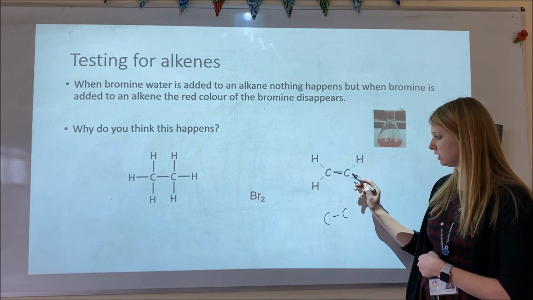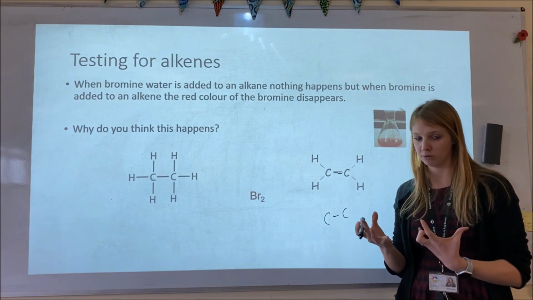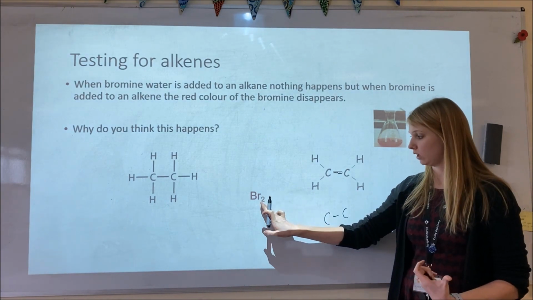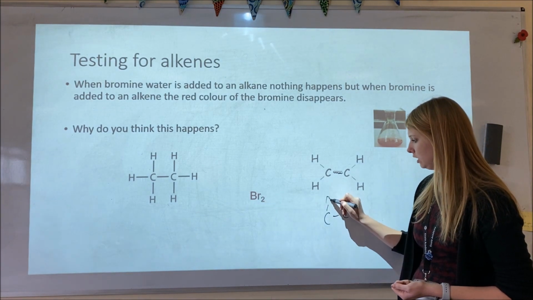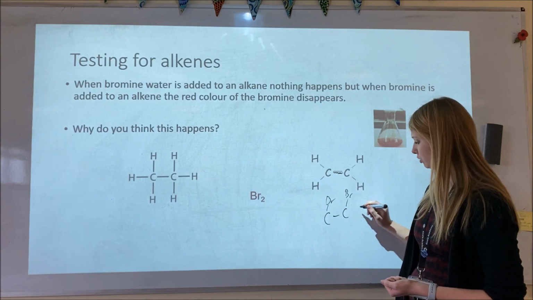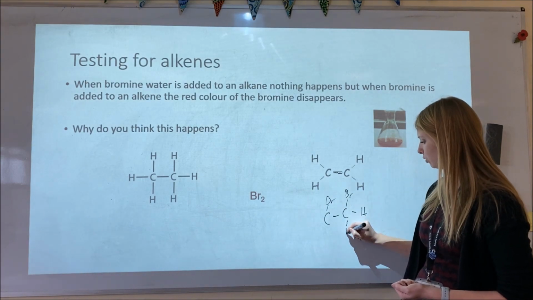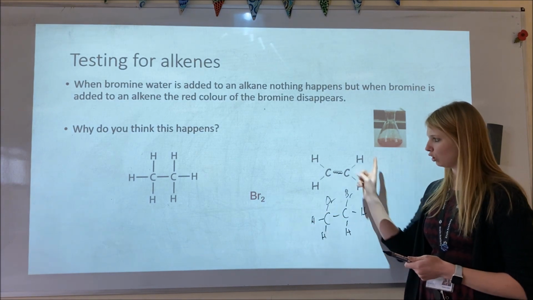which means each carbon has now got an extra bond that it can make, which means it can now bond with our Br2. We've got two lots of Br, so each carbon can have one bromine each and can still also bond to our hydrogens. So I've not lost any of the hydrogens.